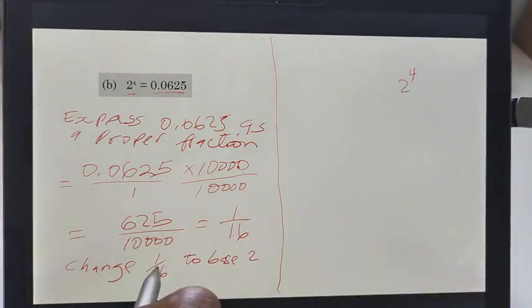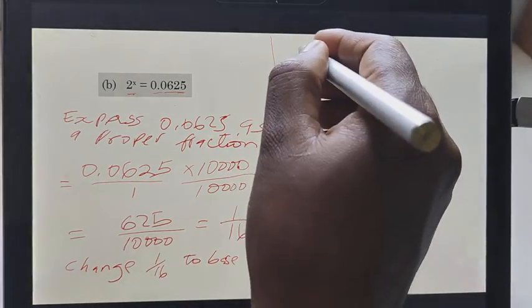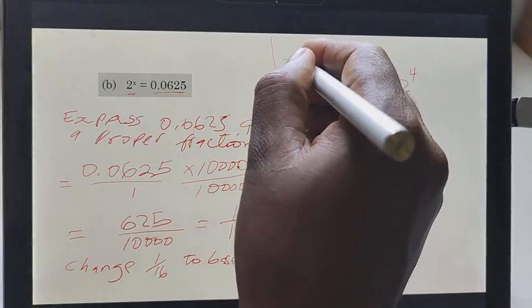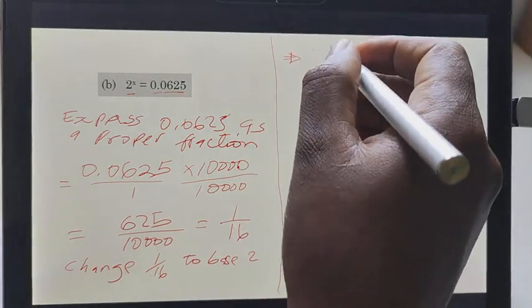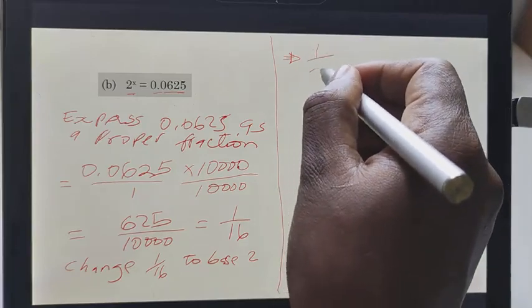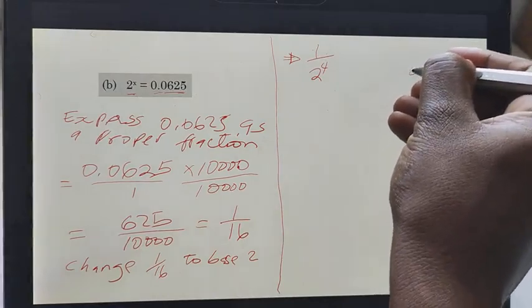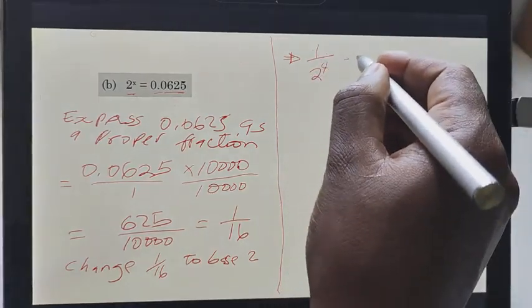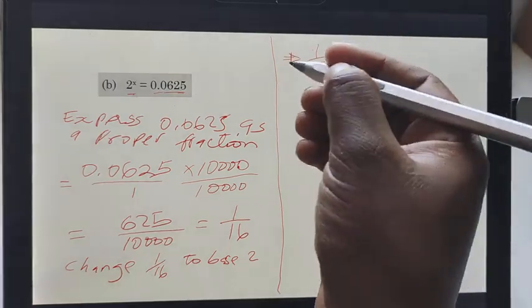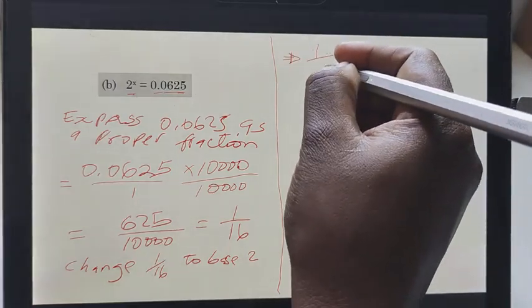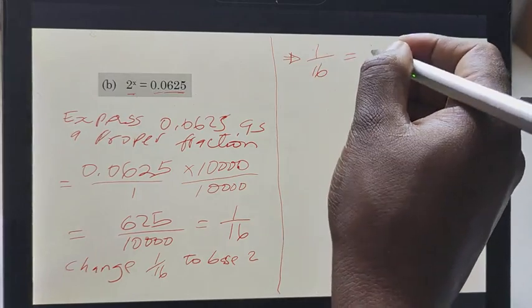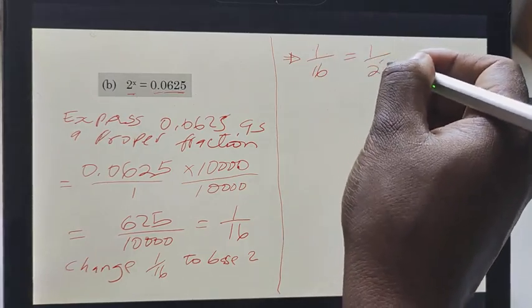So change 1 over 16 to base 2. We have it as 1 over 2 to the power 4. That's 1 over 16, which is equal to 1 over 2 to the power 4.